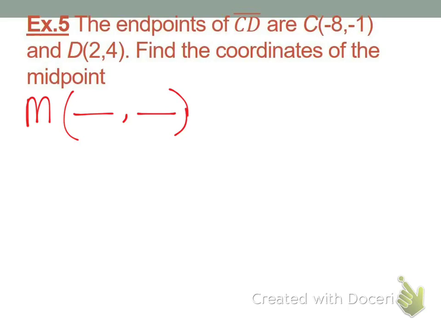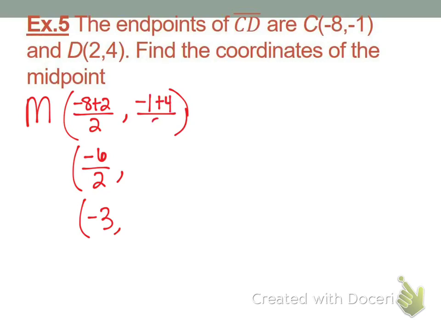What are they? -8 and 2 divided by 2. It's always divided by 2. What is -8 plus 2? -6 divided by 2 is -3. What are my y coordinates?